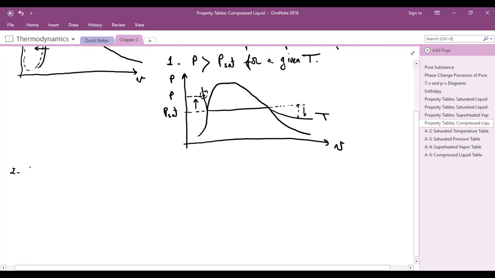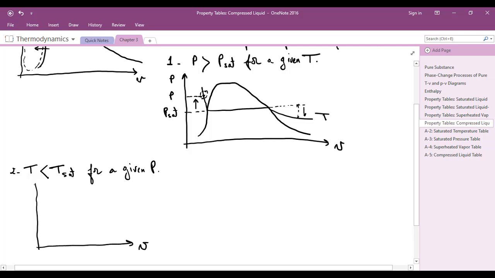The second condition, the temperature in the compressed liquid region is less than the saturation temperature for a given pressure. So also we can show this on a TV diagram.